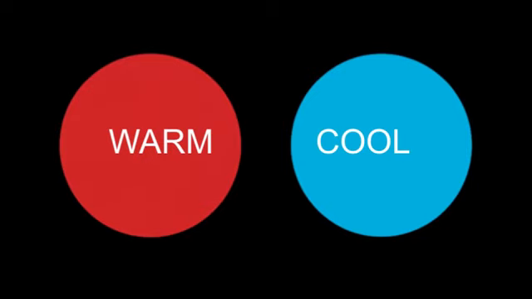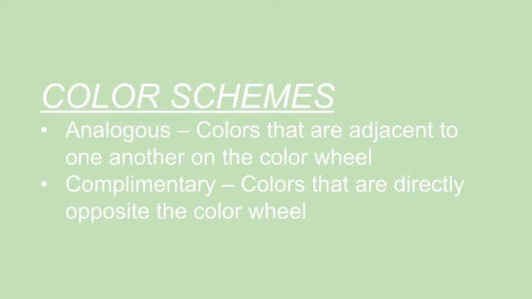All right, so lastly with colors, let's talk about color schemes. So there are two types of color schemes. We have analogous color scheme and then we have complementary color scheme. So what analogous means is just that it's a color scheme that uses colors that are adjacent, which means next to each other, on the color wheel. And complementary colors are color schemes that are using colors that are directly opposite on the color wheel.